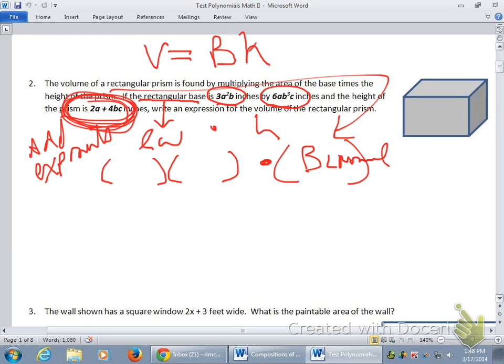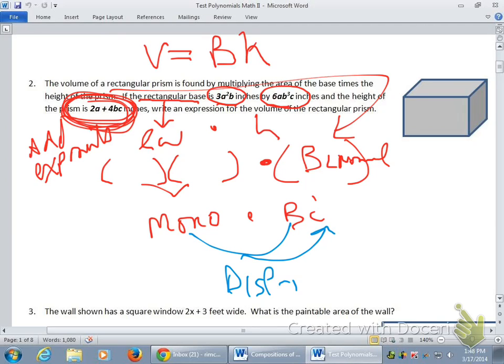So what are you going to have to do? Distribute. That's exactly right. After you multiply these two together, you will have a monomial times a binomial. And in order to multiply that, you have to distribute to both terms. And some of you did not distribute to both terms.